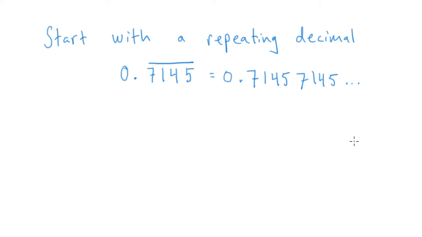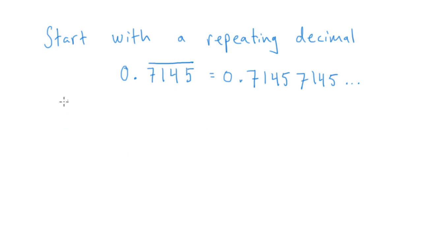It's repeating. So if you believe me with what I just said, it's not unreasonable to think that there should be a fraction that this decimal is coming from. And that is actually also true.